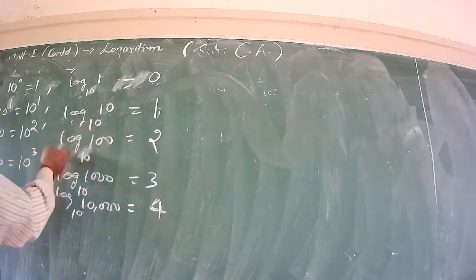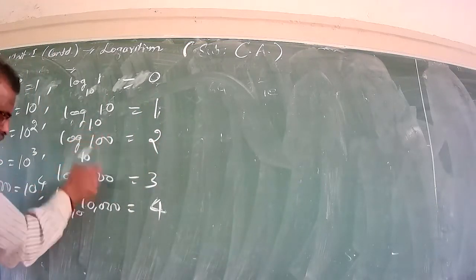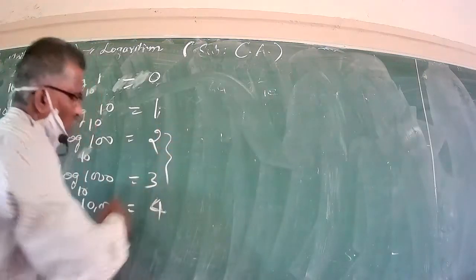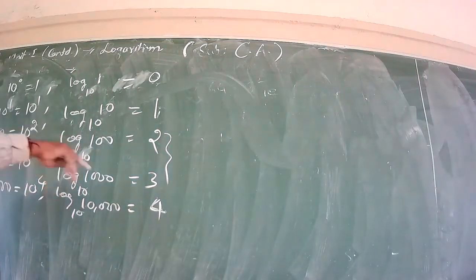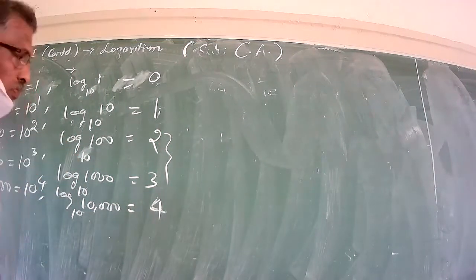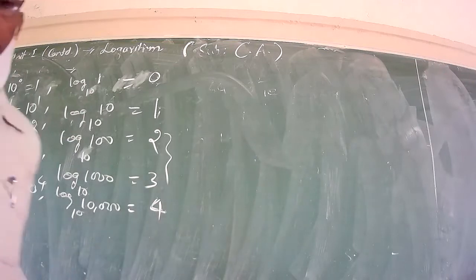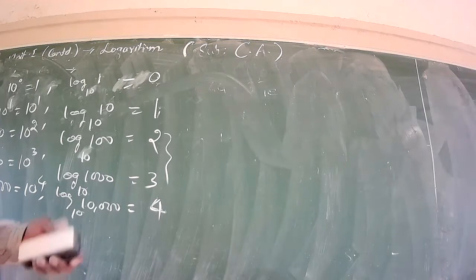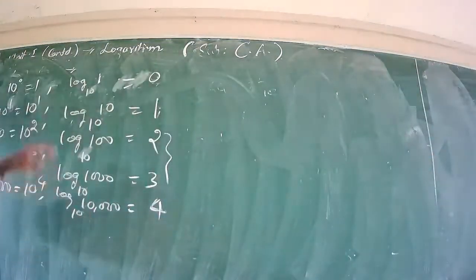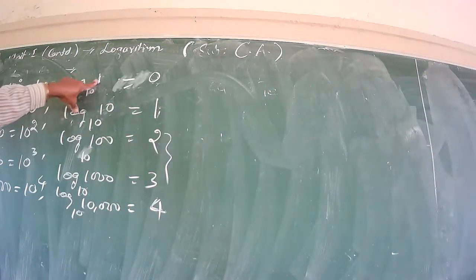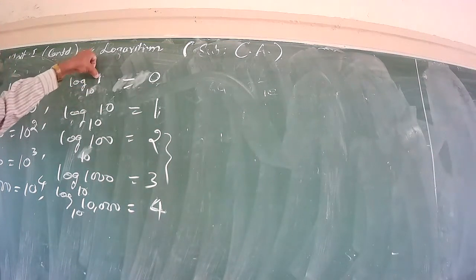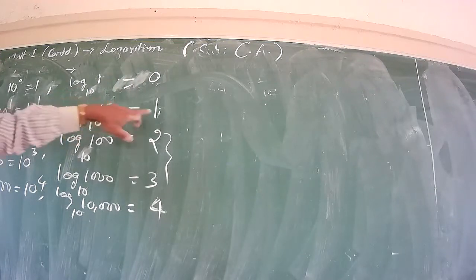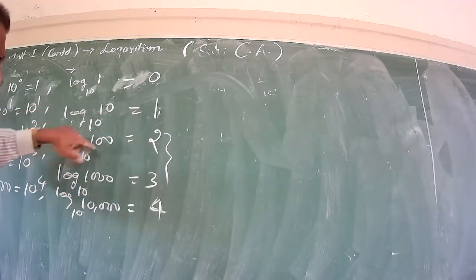For any number lying between 100 and 1000, the logarithm of the number changes from 2 to 3. Now, if you choose the number 1, the log is 0. If you choose 10, the log is 1. And if you choose 100, the log is 2.